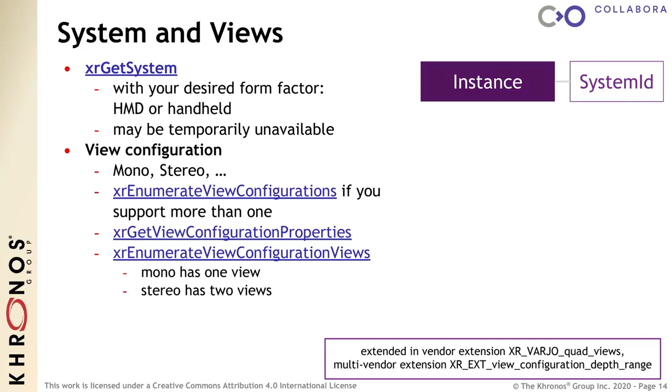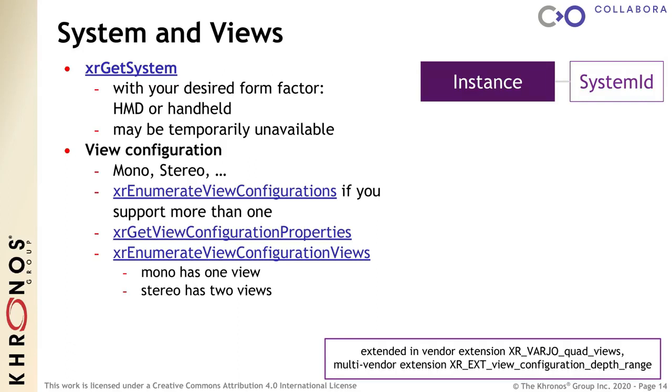So part of the startup process is asking if there is a system of the form factor you wish available. The form factor that you ask for might be available, in which case you'd get a system ID. It might be never available if the device that you're using can't do the form factor that you ask for.